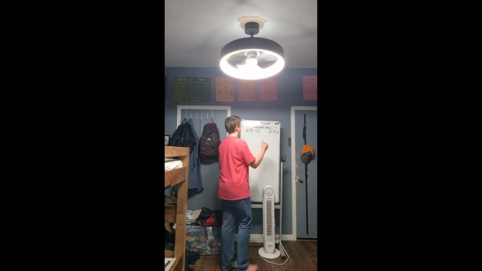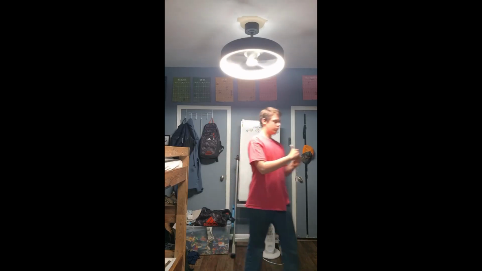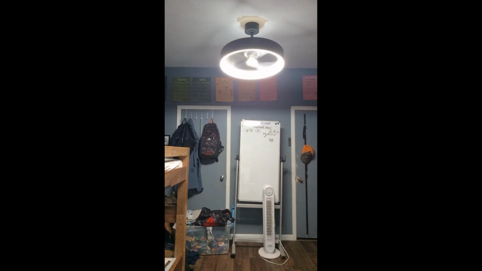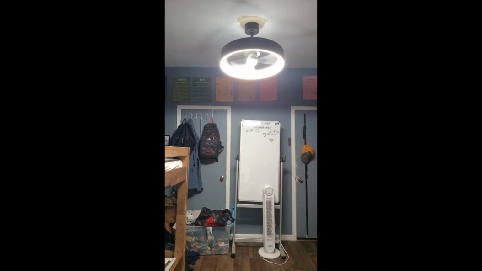Let's test. So we have 6, 12, 18, 24. 21 fits in there like 3.5 times. So we're going to do 31 and a half divided by 3.5. We would get 9.